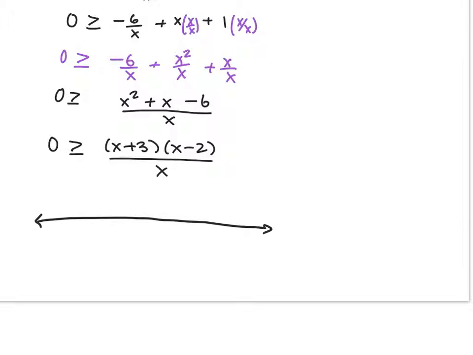So what's the first 0? Negative 3. What's the other one? 2. And where is my expression undefined? 0. Okay.